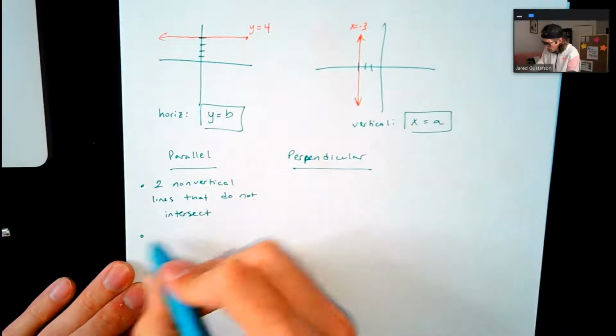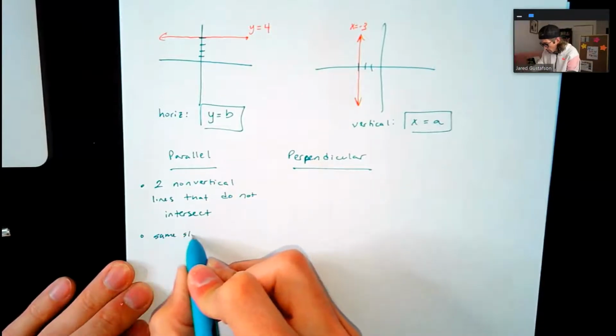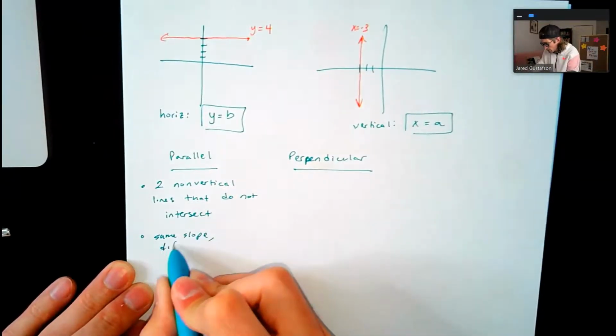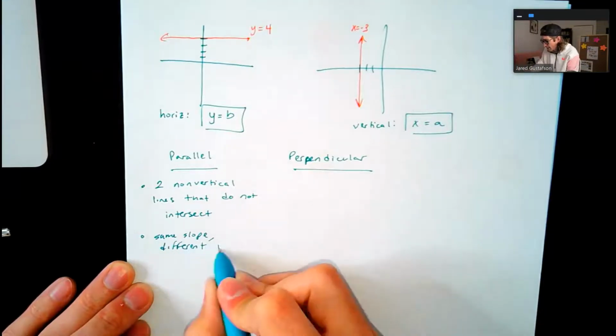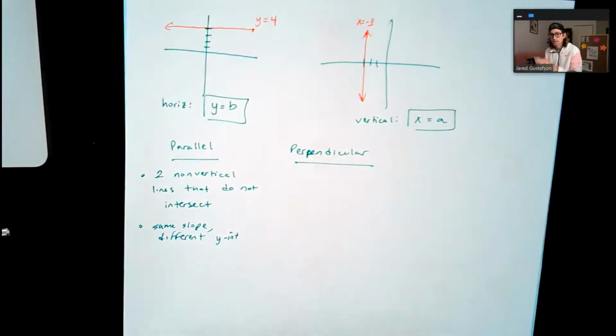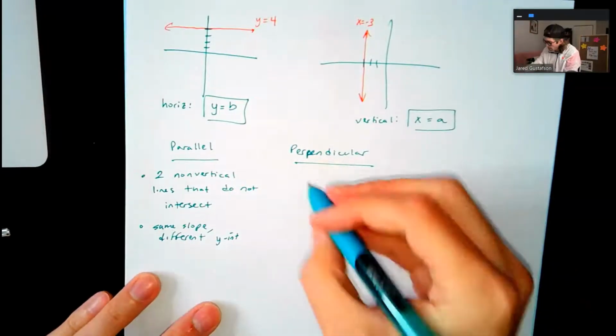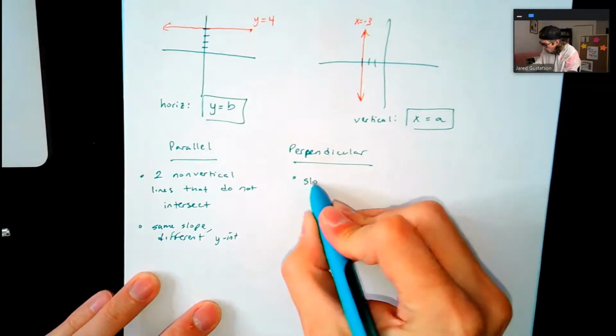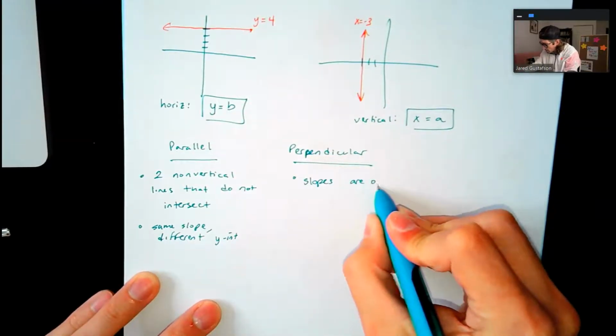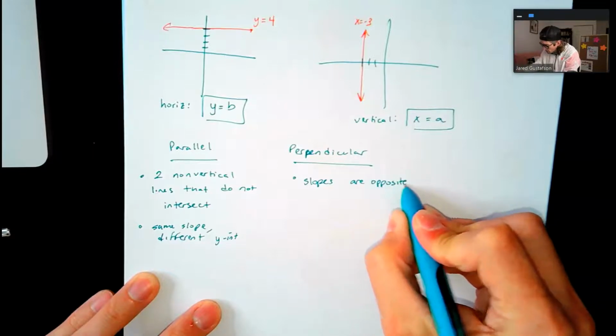We talked about this part: same slope, different y-intercept. That's going to make them go in the same direction, but they start in different places, so they'll never touch. Perpendicular, I'm hoping you remember, slopes are opposite reciprocals.